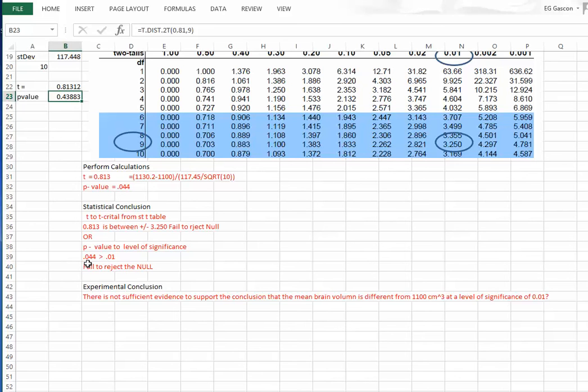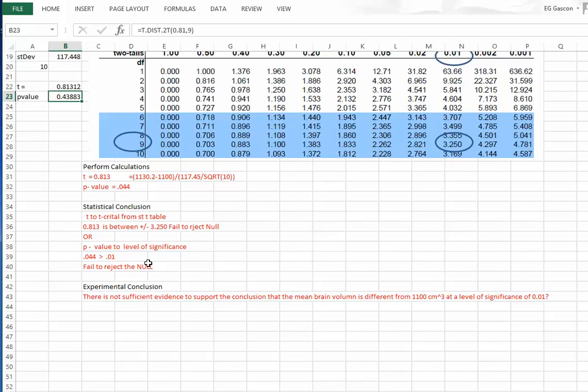And that's going to be a 0.044, which is greater than 0.01. And again, I would fail to reject the null hypothesis because the p-value is greater than. Remember the rule: if the p is low, the null must go. If the p is high, the null will fly. And so in this particular case, I would fail to reject the null hypothesis.